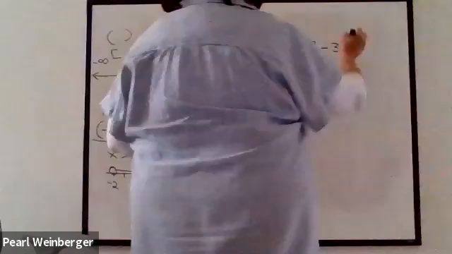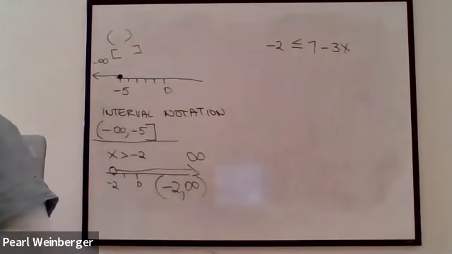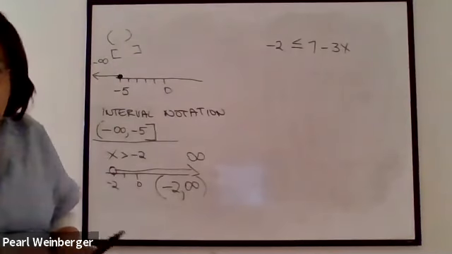And this is a little bit of a tricky one because I have the x on the wrong side. So make sure you get it in the right. I'm going to give you a few minutes.